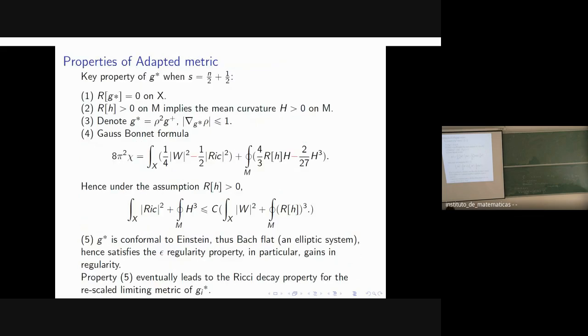Here the scalar is equal to 0, so we have a negative sign here.